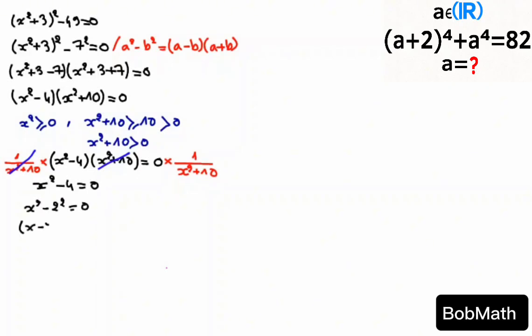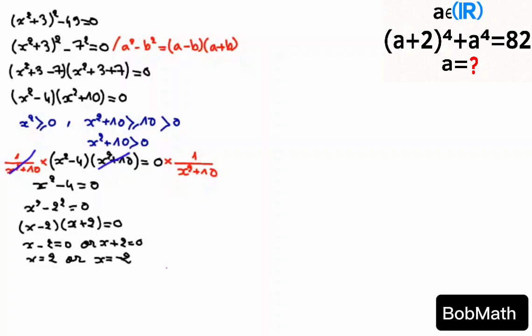So (x - 2)(x + 2) = 0. Now we have a product of numbers that equals 0, so x - 2 = 0 or x + 2 = 0. x = 2 or x = -2.